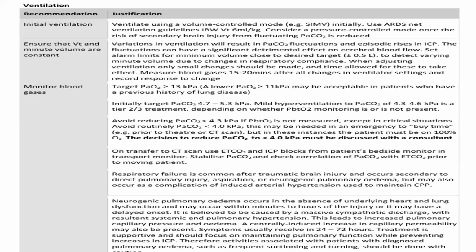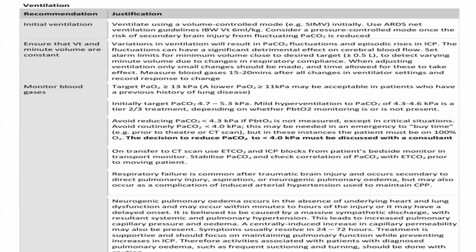Then regarding ventilation, ventilate using volume control mode, and use ERDS net ventilation guidelines to ventilate the patient. Ensure that tidal volume and minute volume are constant. Variation in ventilation will result in CO2 fluctuation and episodic rising ICP. The fluctuation can have a significant detrimental effect on cerebral blood flow.